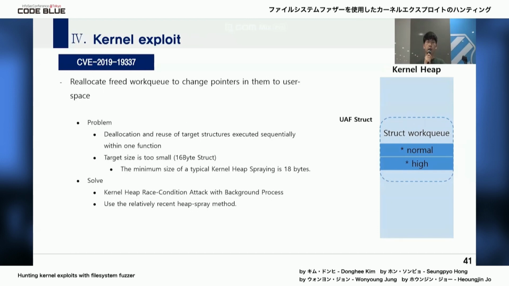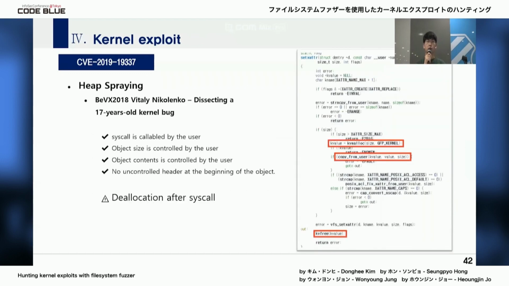The heap spraying technique described earlier could not be resized or had a header of 18 bytes. So, a new heap spraying technique was needed. At this time, we discovered the heap spraying technique used in the presentation of BlackHat 2018, Linux kernel vulnerability exploitation.